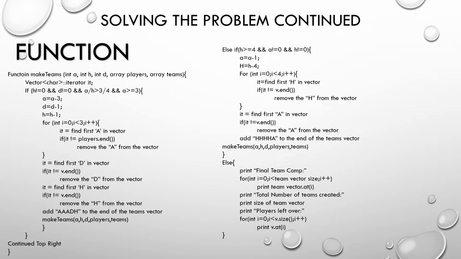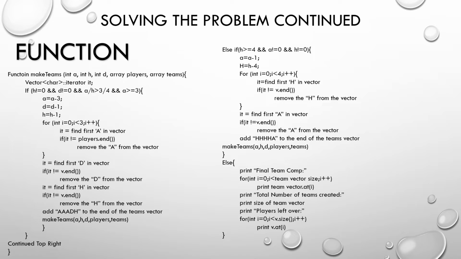A would equal A minus 1 because we want to get rid of the 1 attacker, and then H would equal H minus 4 because we want to get rid of the 4 healers. Then we do the for loop to drop the H's out of the players vector, and we do that by running that for loop 4 times.